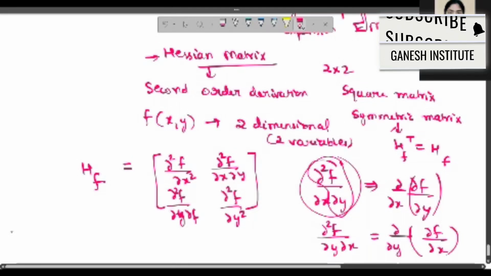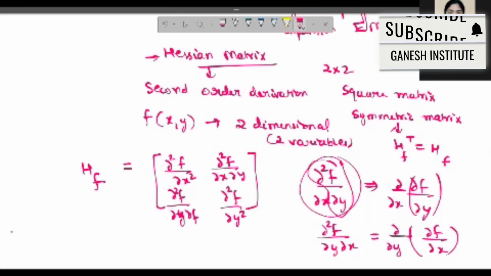But because it is a symmetric matrix, you will find that these are equal, only for this particular case. Your cross partial derivatives are equal, irrespective of which order you do first.